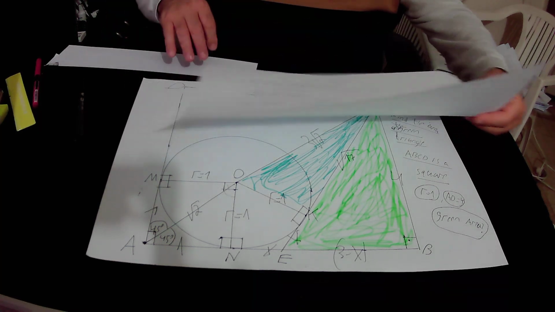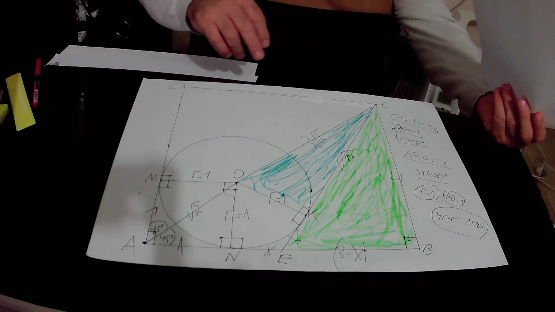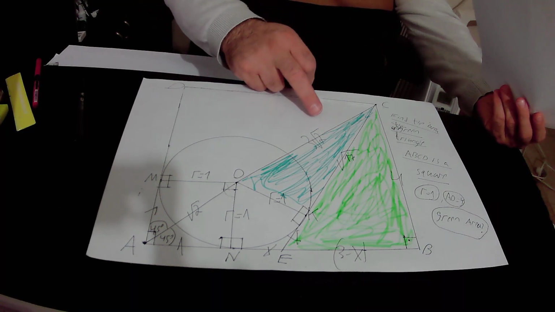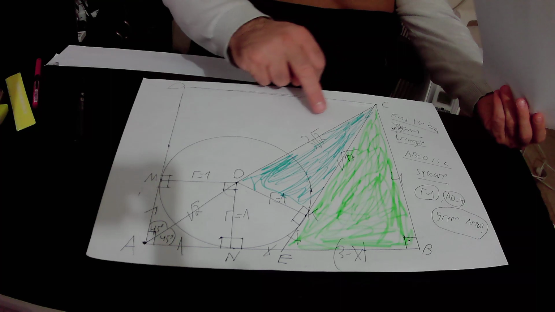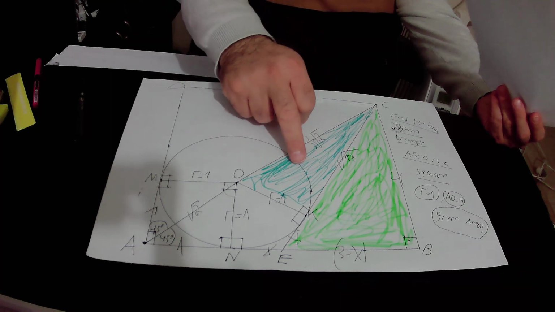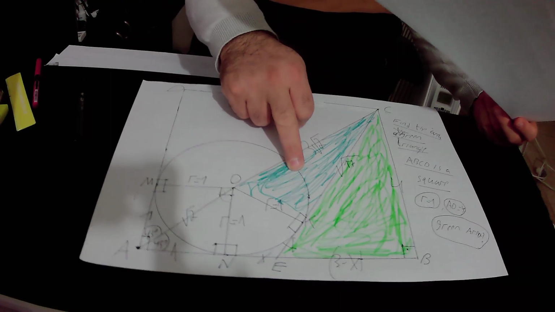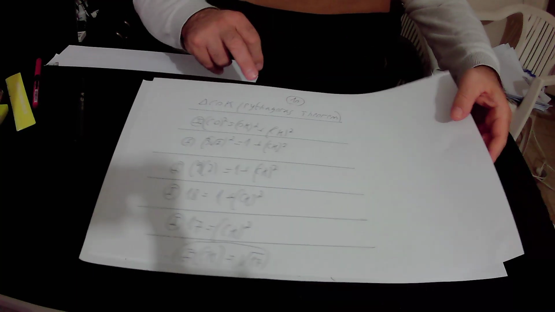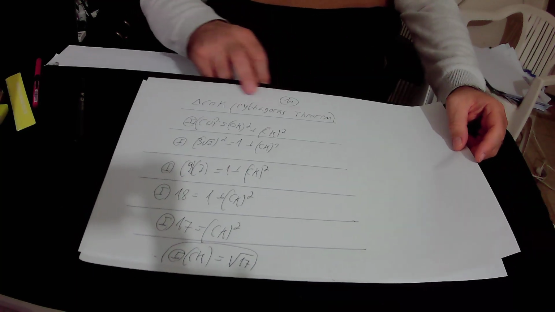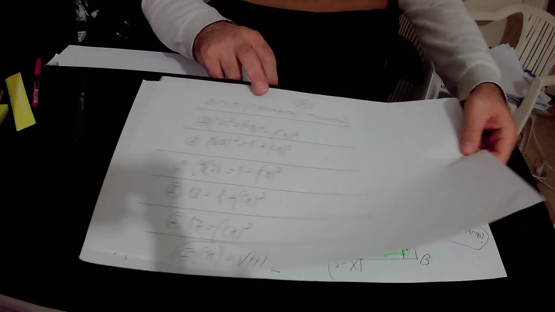Then we focused on the right triangle, the blue right triangle COK. We implemented the Pythagoras theorem in the right blue triangle COK. According to the Pythagoras theorem, the square of the hypotenuse equals the sum of the squares of the perpendiculars.